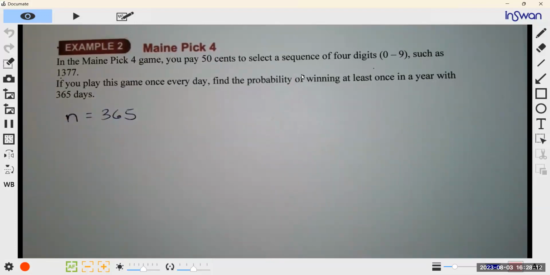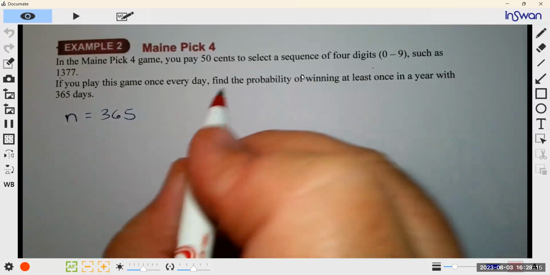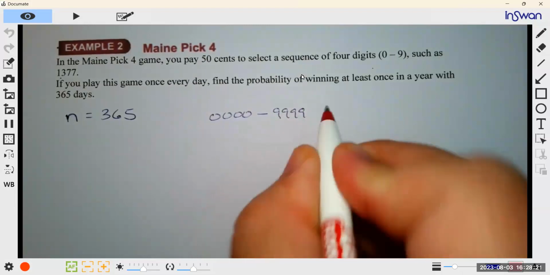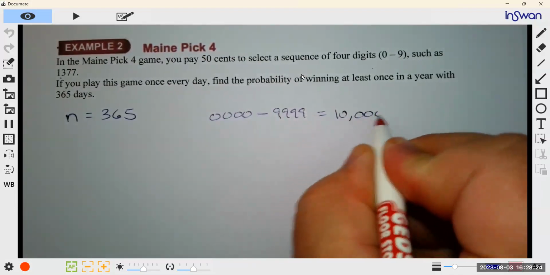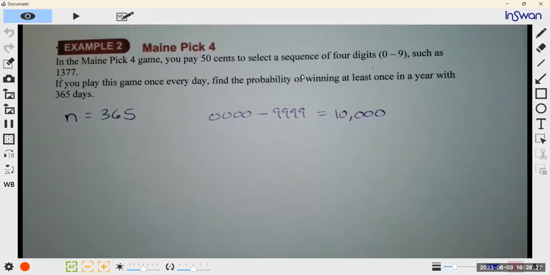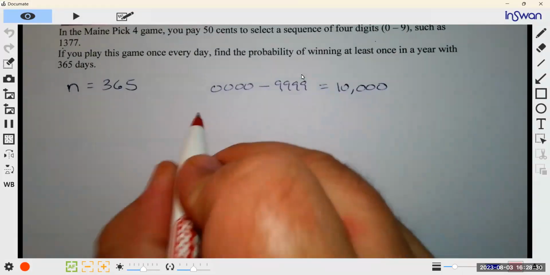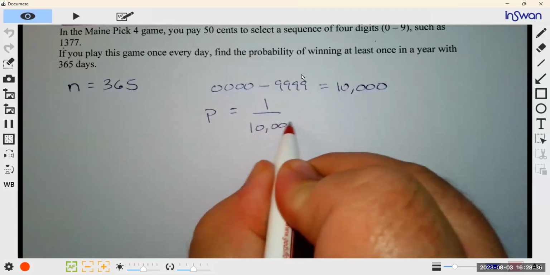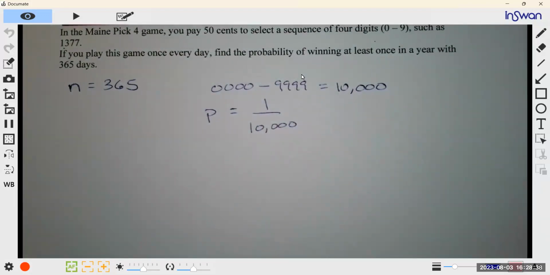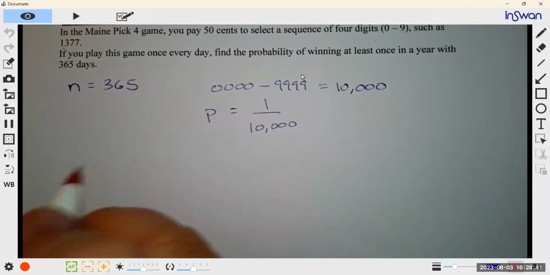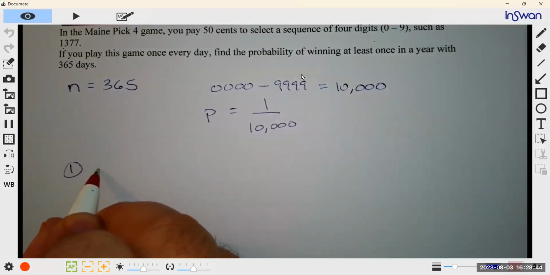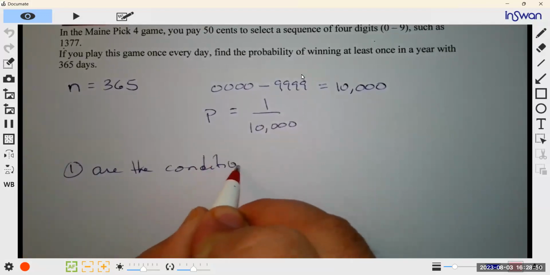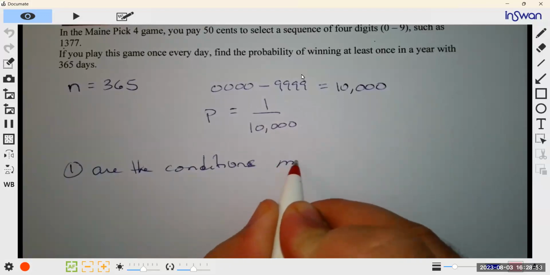Between 0, 0, 0, 0 and 9, 9, 9, 9, there are 10,000 possible numbers, and the probability of getting one right is 1 over 10,000. First, are the conditions met?